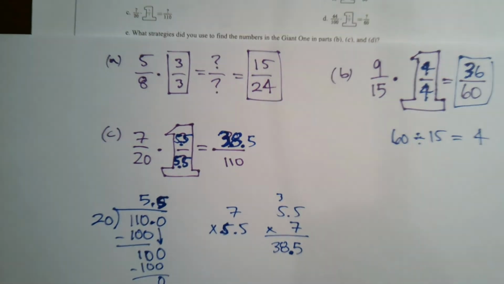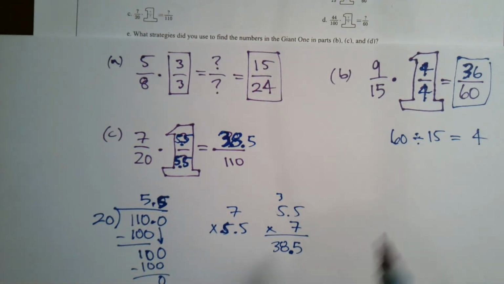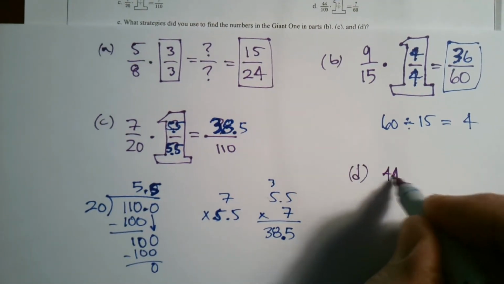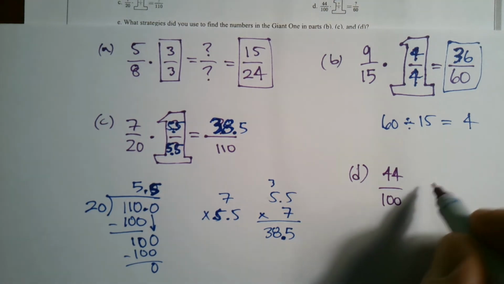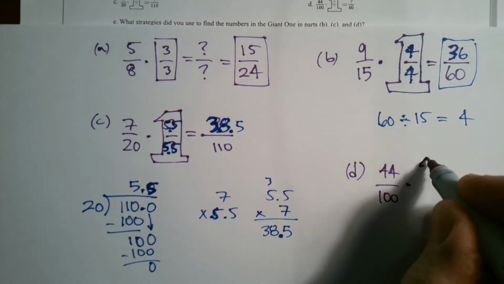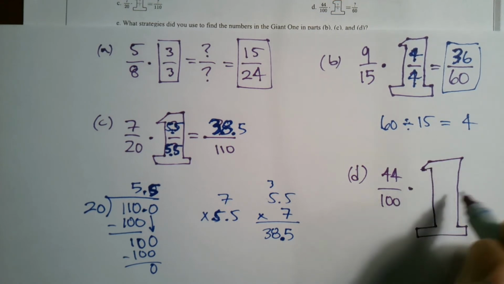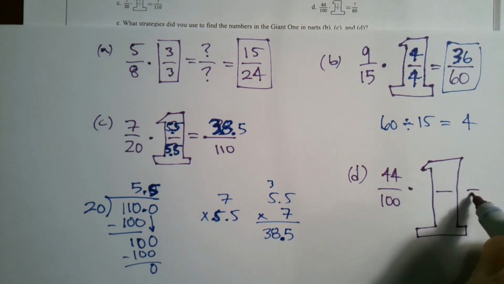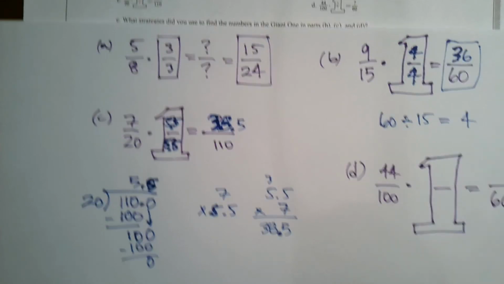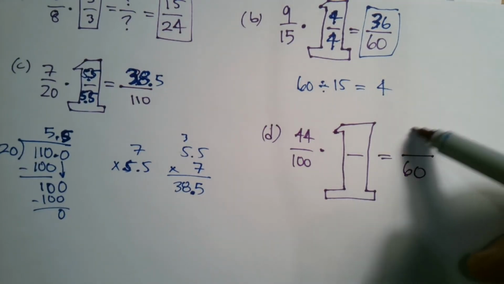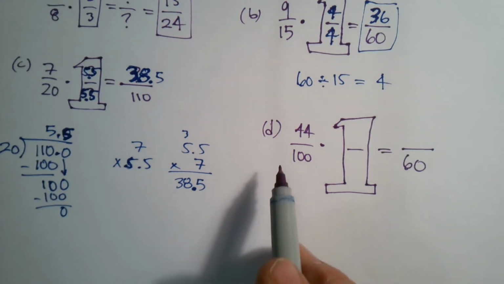All right, last one, D. D is saying 44 over 100 times, again, some giant 1, equals something over 60. So in this case, again, I've got to figure out what my giant 1 is and what the new numerator is.